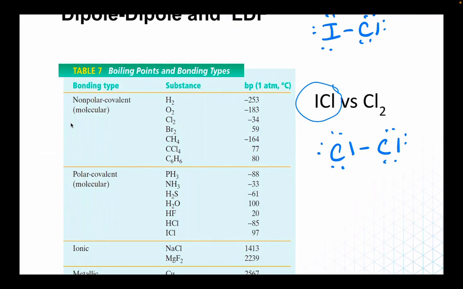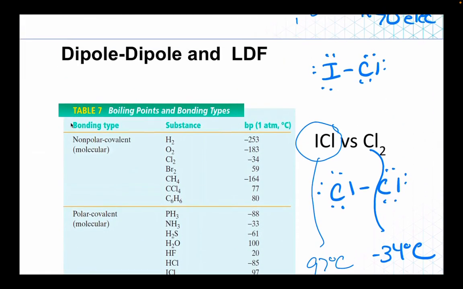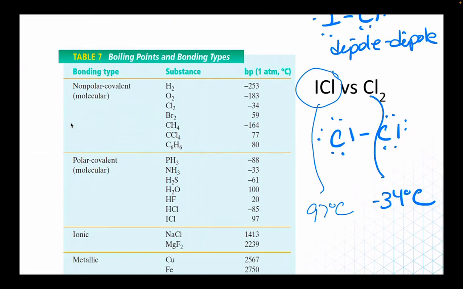And if we look here, it is 97 versus the chlorine is negative 34. So much higher, almost like 130 degrees higher because of this having dipole-dipole, which are stronger IMFs than just the London dispersion forces here.